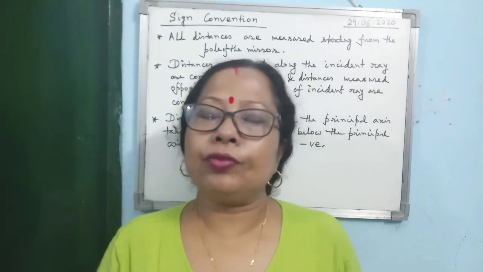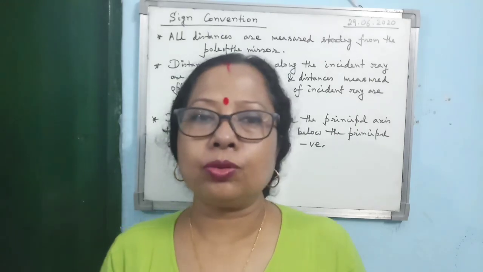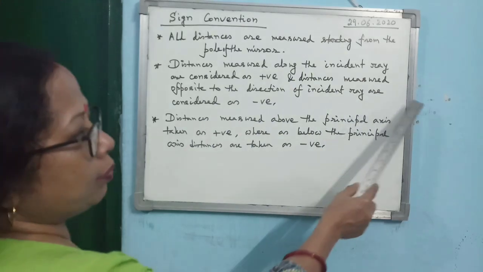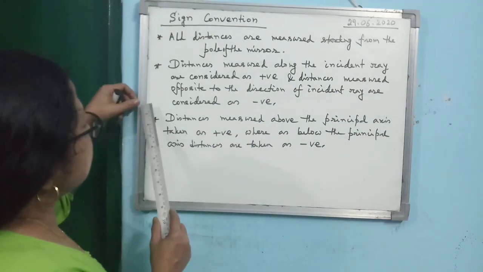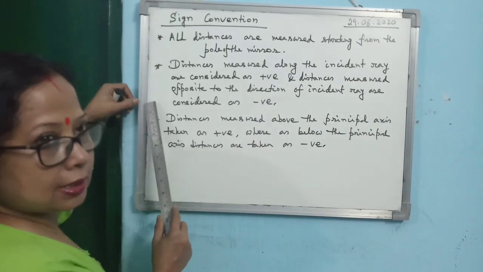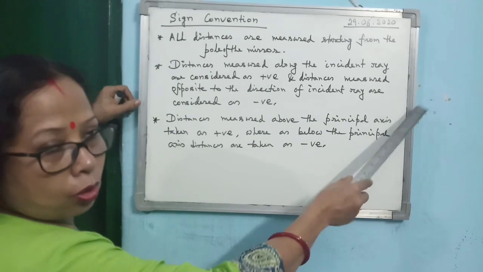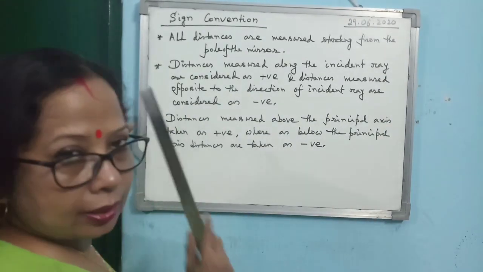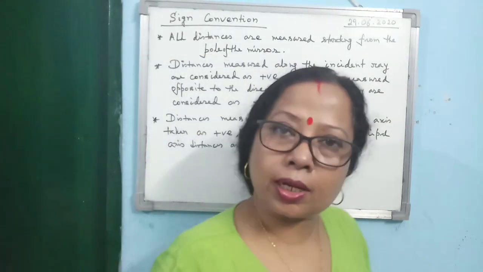Now whenever we measure a distance, just consider, I want to measure the distance of the whiteboard. Now I can measure the distance starting from this left end to right end, or one can measure the distance starting from the right end to left end. In both the cases, distance will come same.